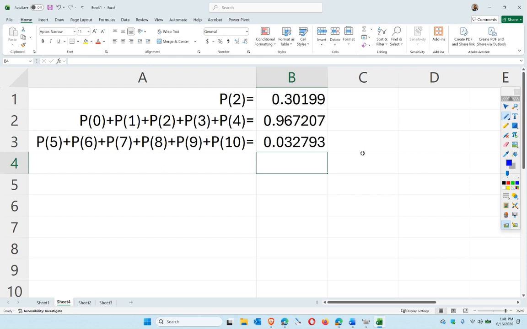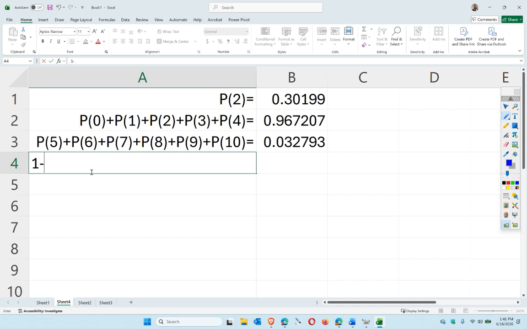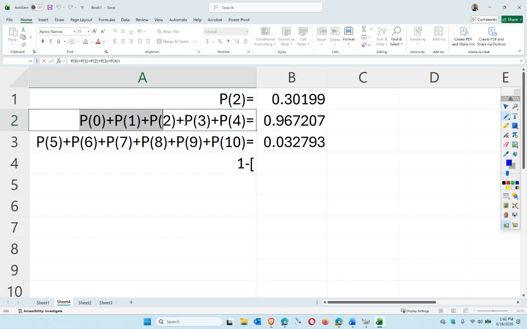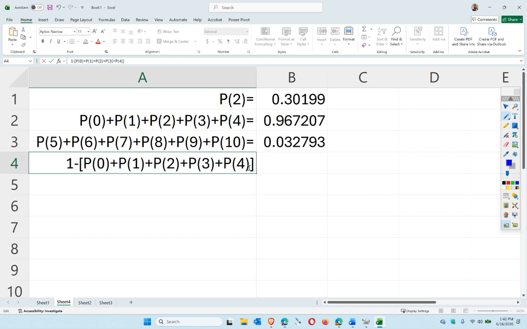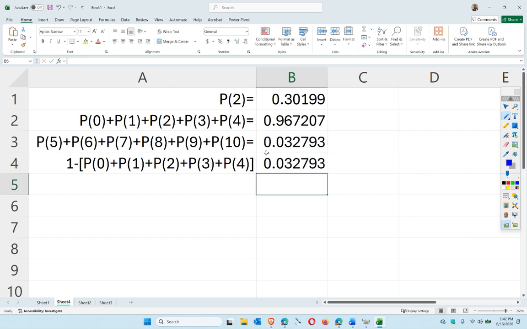So what essentially did I just do? I did 1 minus, brackets, and I take this here, I'm going to copy it, paste it, and then close bracket. That's essentially what I did. So either way, it's the same answer. Whether I do it directly or indirectly, I get the same answer.